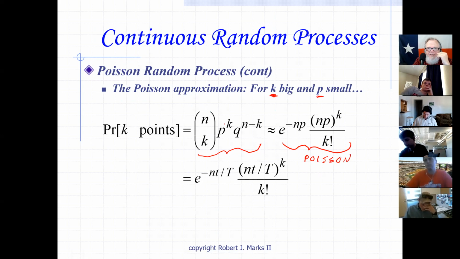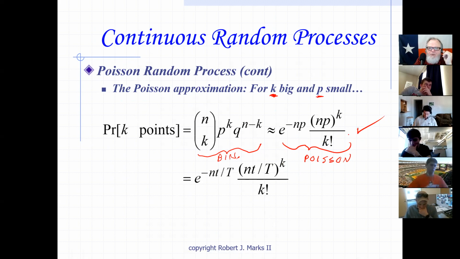So this is interesting. A binomial, in certain cases, can be approximated by a Poisson. How many have seen this approximation before? Okay, nobody has. Okay, we'll give you an engineer's proof of this, but here's the point.